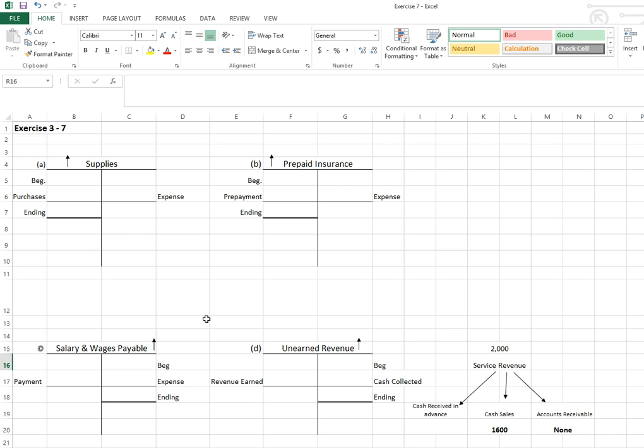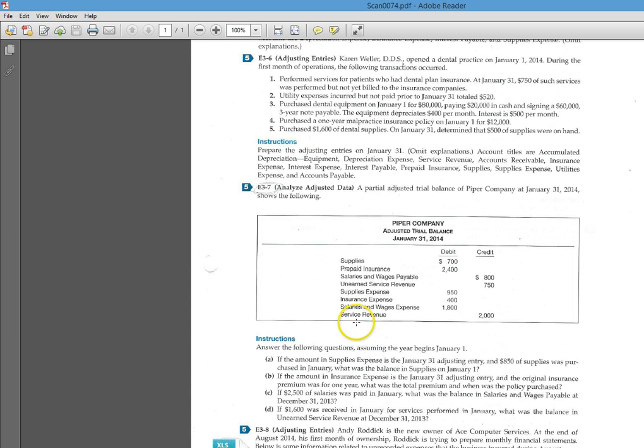So here on this page, we're in A, let's look at what we know. If we go back to our little problem, we can see that the ending supplies balance is 700, supplies expense is 950, and they also tell us $850 of supplies was purchased in January.